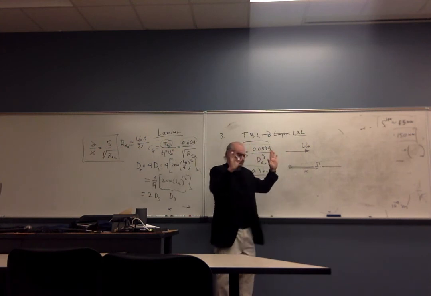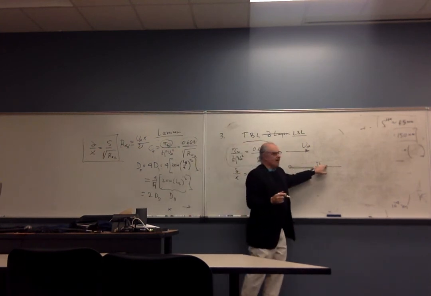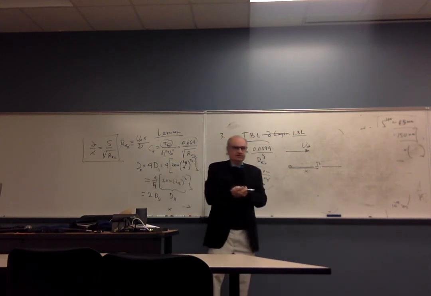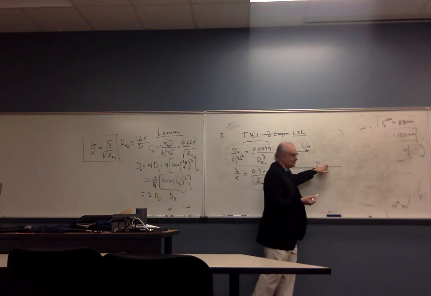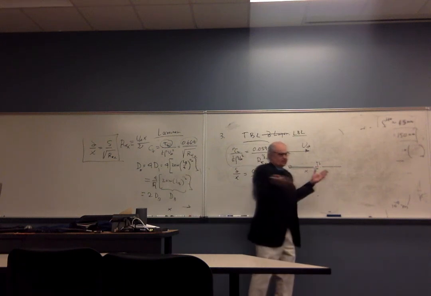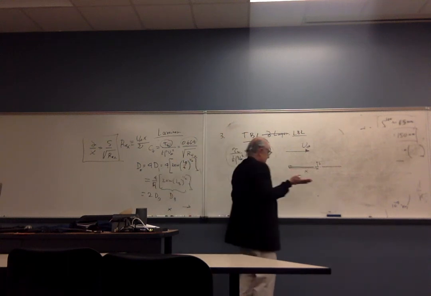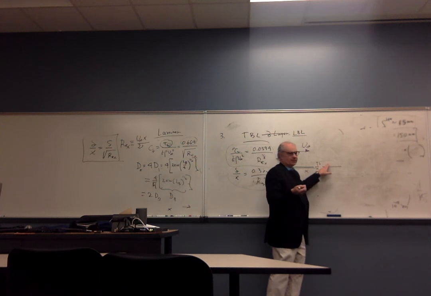Let me back up a second. When we're inside the boundary layer, are viscous forces important or not? Yes, absolutely, because the only reason the boundary layer exists is the no-slip condition, and the no-slip condition is directly related to viscosity, correct? Therefore, viscous forces are important in the boundary layer.